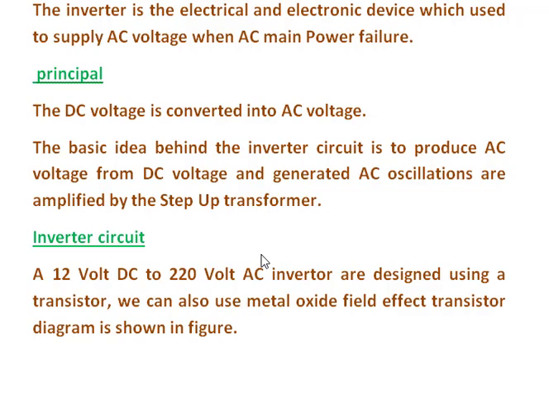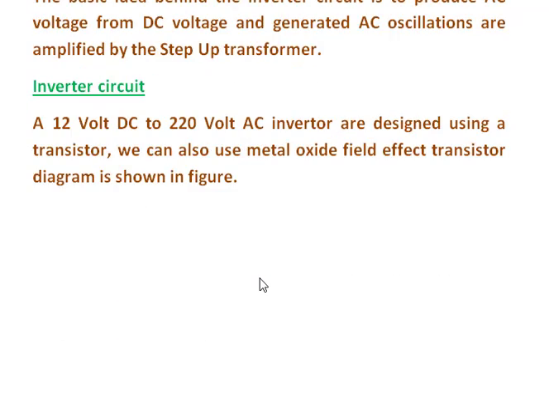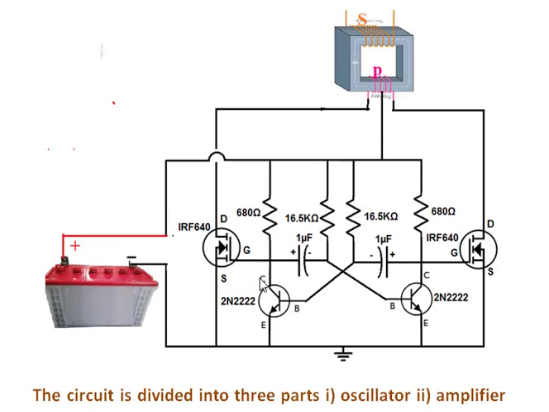The oscillator gets the DC voltage energy from the DC voltage source and converts it into AC voltage. So this inverter circuit also consists of an astable multivibrator using power transistors and metal oxide field effect transistors. It is shown in the diagram.